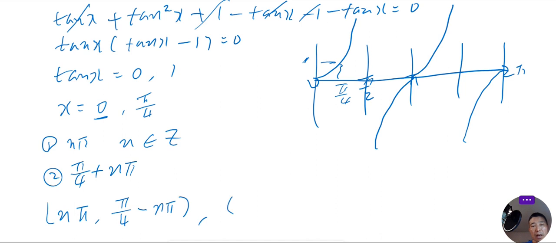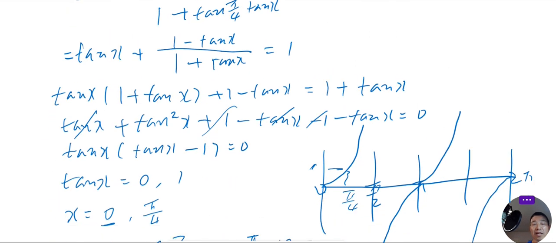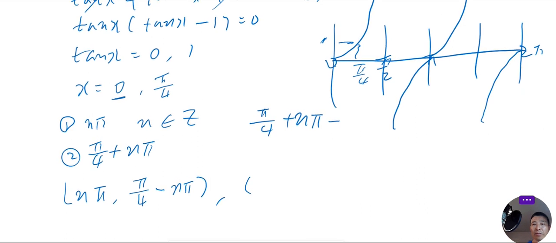The second set must be that one. So pi over 4 plus n pi. Sorry, y is pi over 4 minus x, the other way around. So you have to go pi over 4 minus this. So that must be negative n pi, and pi over 4 is gone.